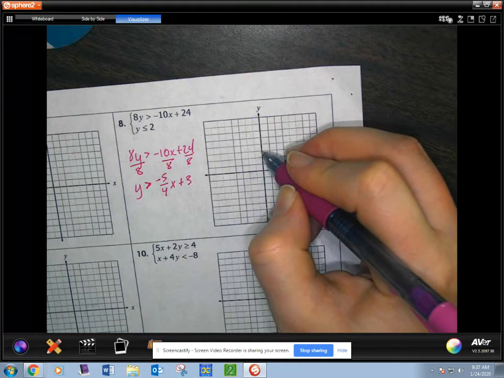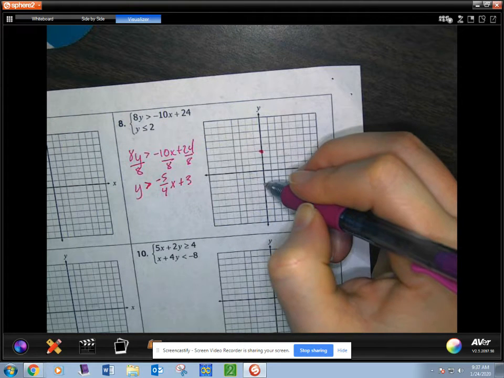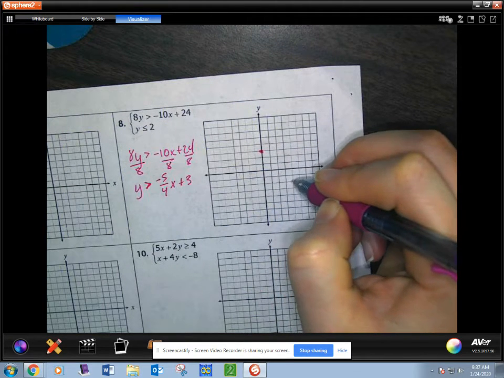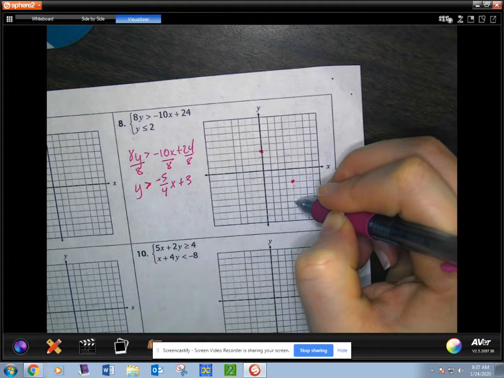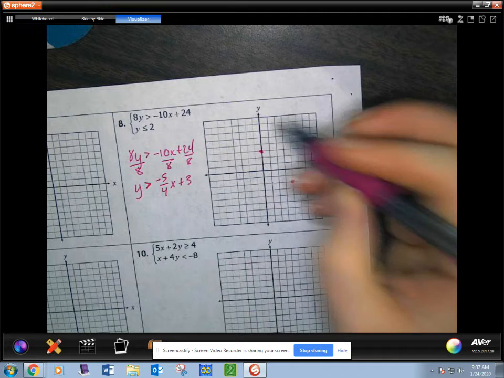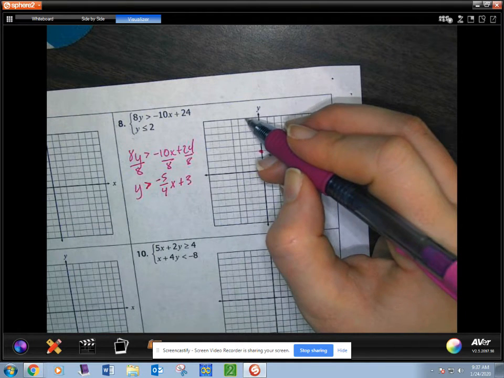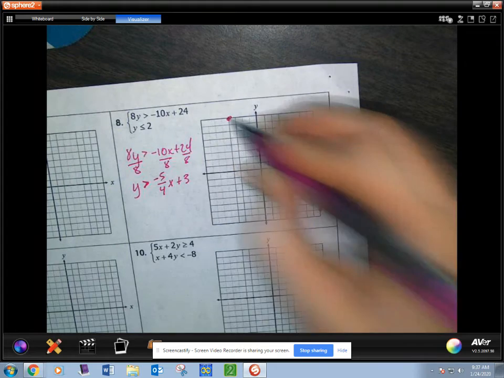I'm going to start at 3, and then I'm going to go down 5 and right 4. Down 5, right 4. Then I'm going to reverse it, and I'm going to go up 5, left 4.